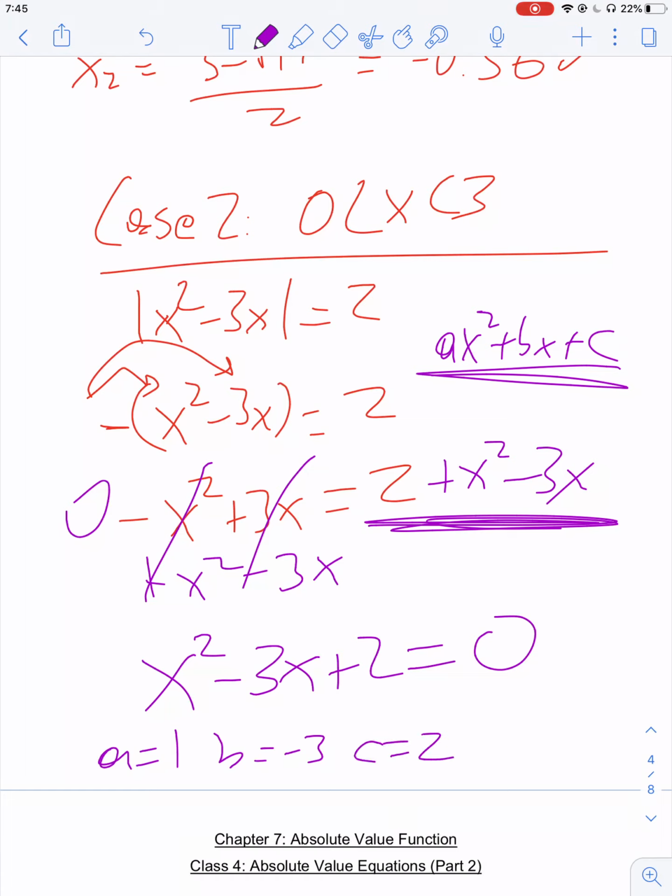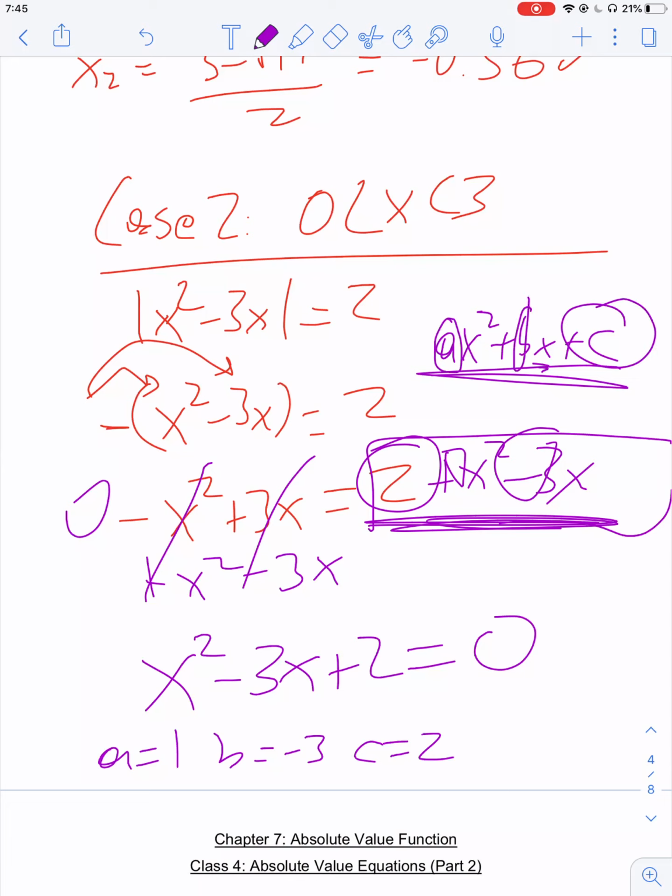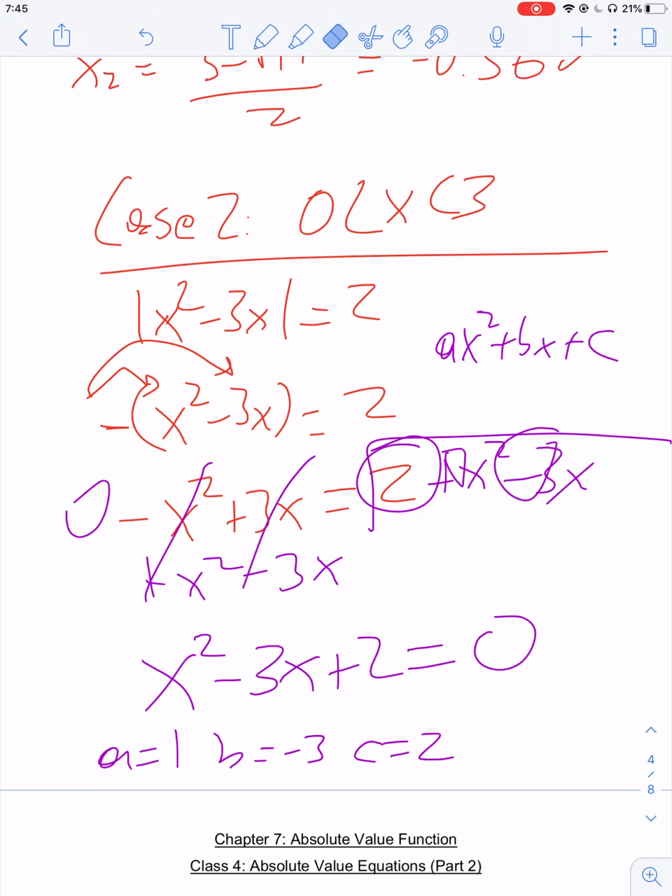Because if it's written in another order, some of you might say, oh, this is a, this is b, and this is c. No, that doesn't work like that, right? a is the coefficient of x squared, b is the coefficient of x, and c is your constant term. So one way to not confuse yourself is to write it the way I did. And honestly, it doesn't matter, right?